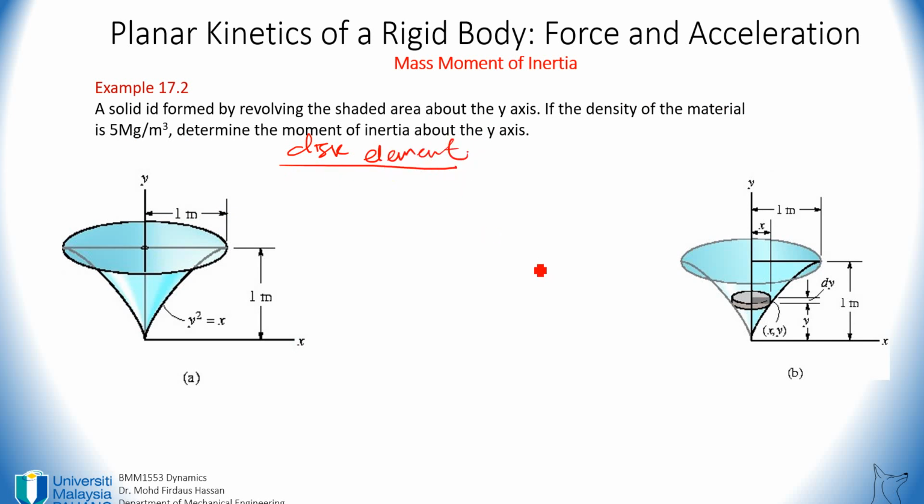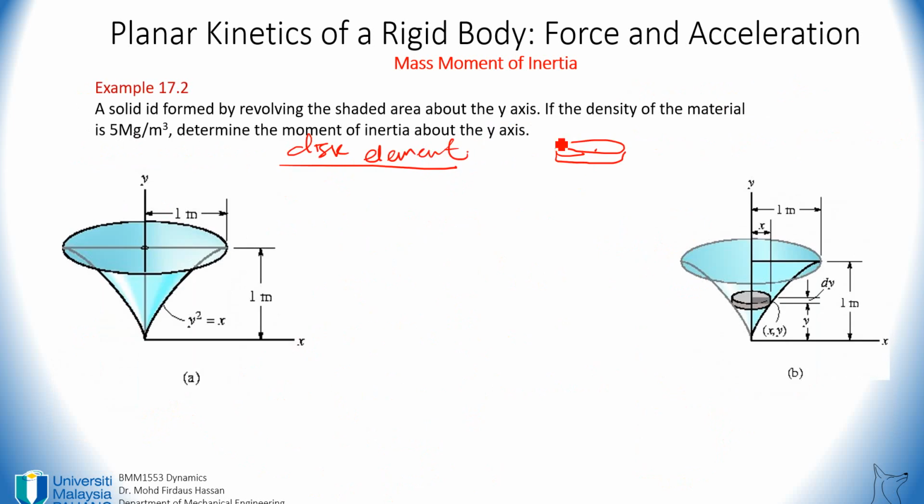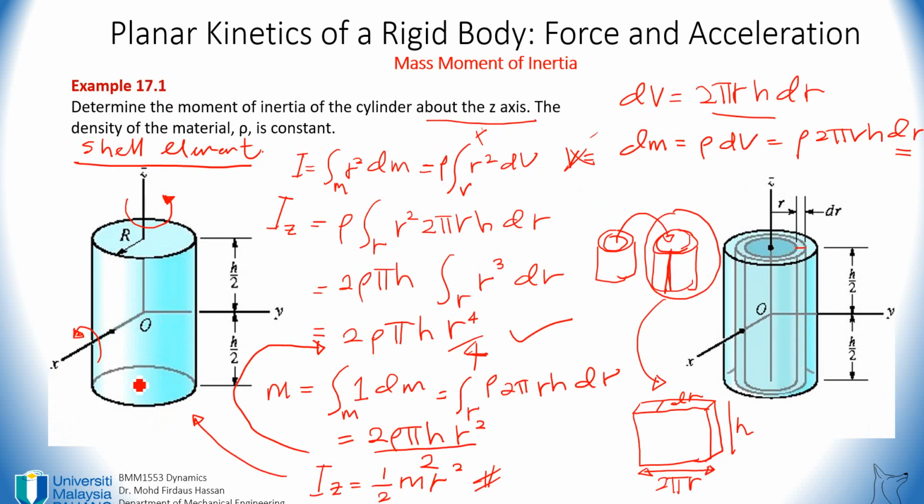Basically, if you see this one that I drew, we can say that this element is like a thin body, a thin cylinder. So for a cylinder you have Iz equals half m r square, correct?